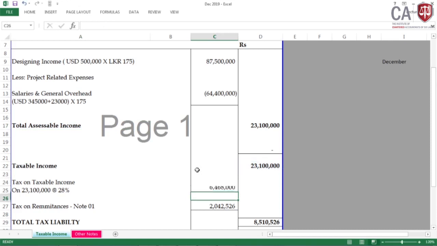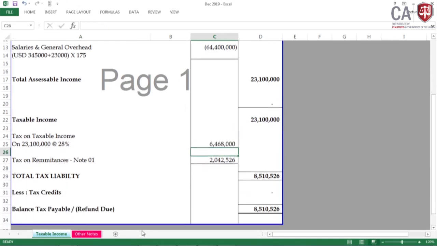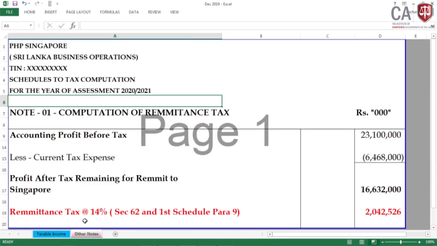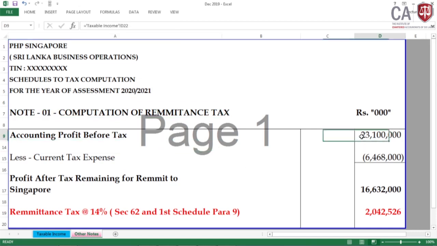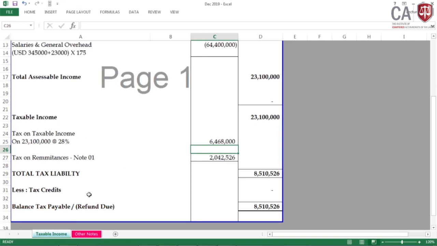You have to apply the tax rate. Now I am going to the remittance tax calculation, or else you can do it in the same place in the taxable income, but I have taken it separately. Here for computation of remittance tax, accounting profit before tax, we have computed here, which is 23,100,000.